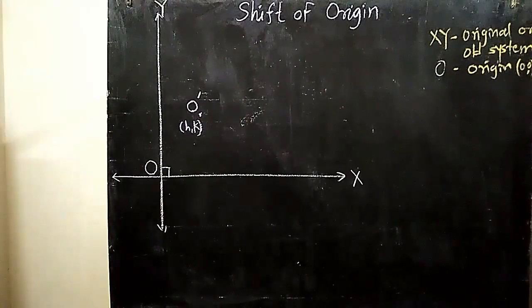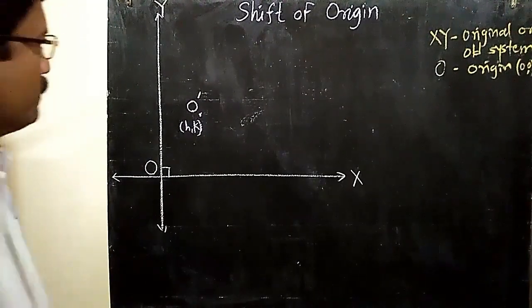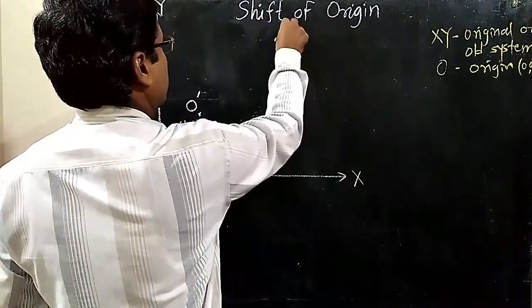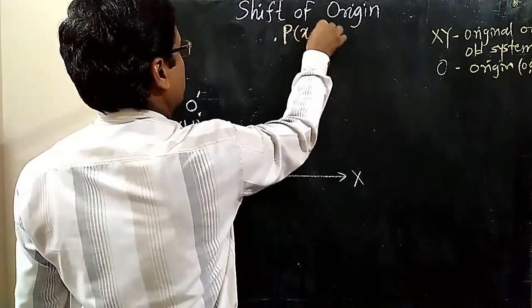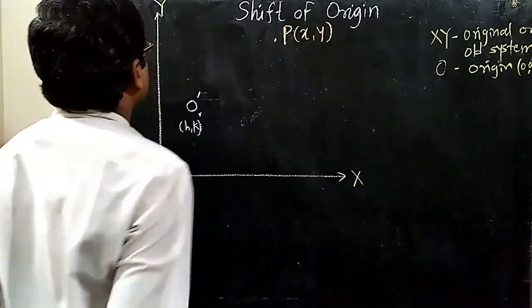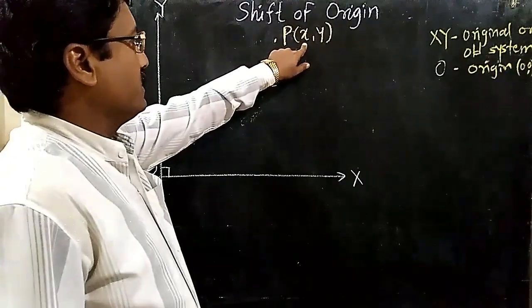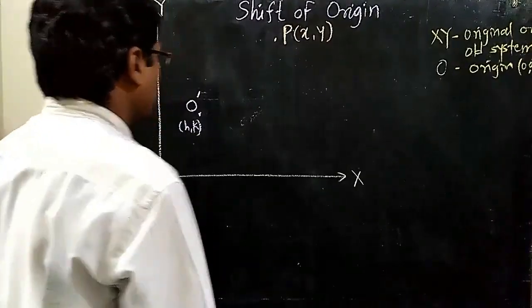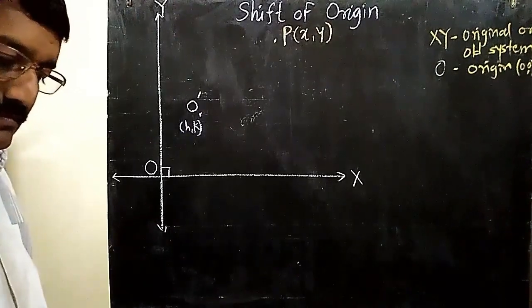HK are the coordinates of point O dash, and P be any point in the same system with coordinates small xy. Because if you take system capital XY, then conventionally we take coordinates of any point as small x and small y. So, do you know the meaning of these points?